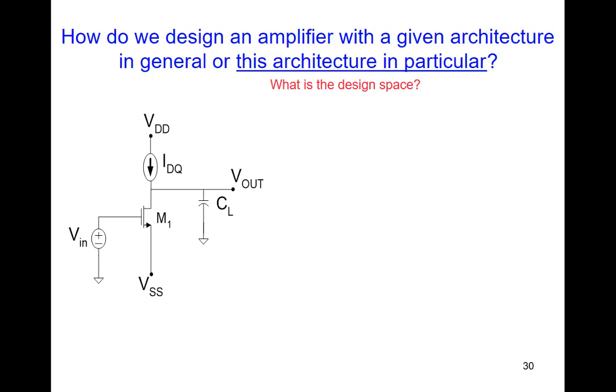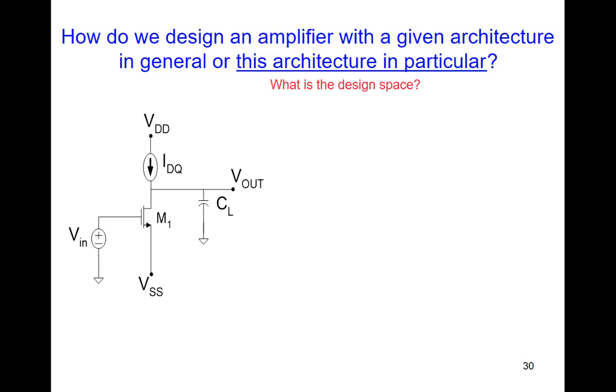ID is related to VQ and W and L. So there's a constraint. These are the design variables, but there's one constraint, and that is IDQ is equal to some function of W over L and VQ.